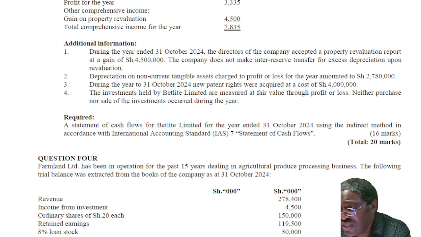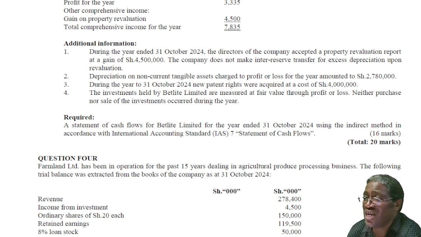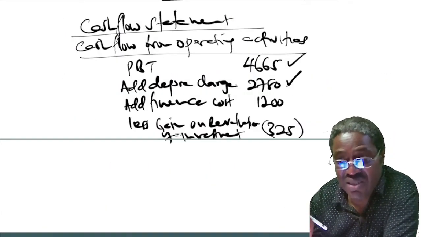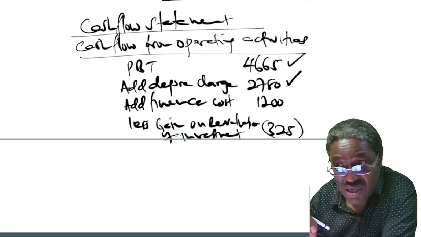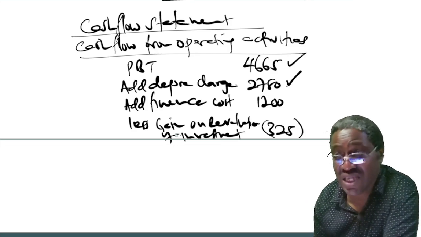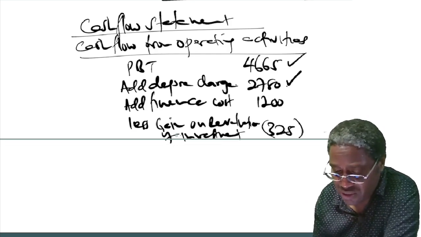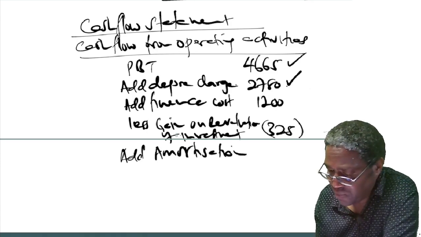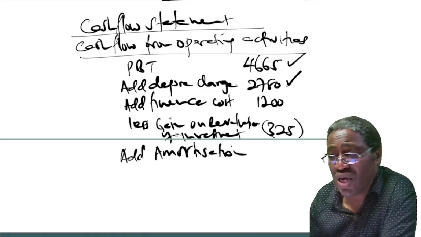You remember we had to analyze the account of intangible asset to help us determine the amortization. And there was amortization of the intangible. It's another non-cash item. Let's pick it. Come and add amortization. Let's go back to where we did the workings.